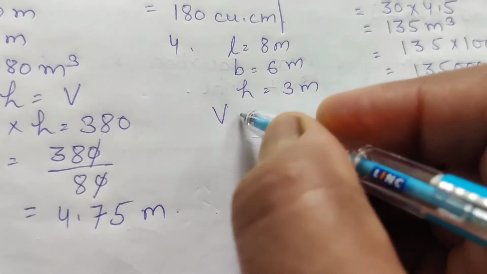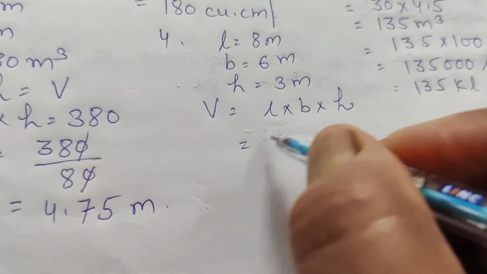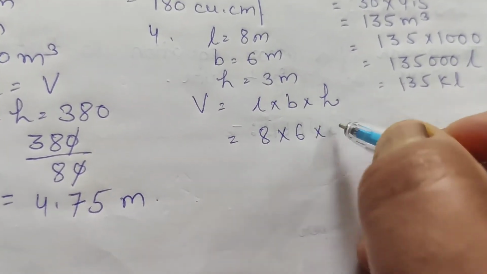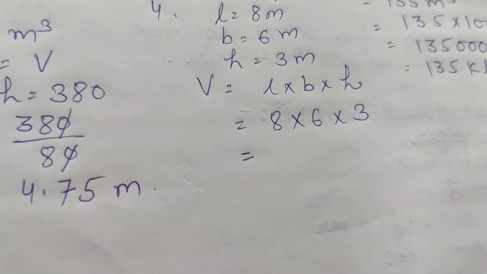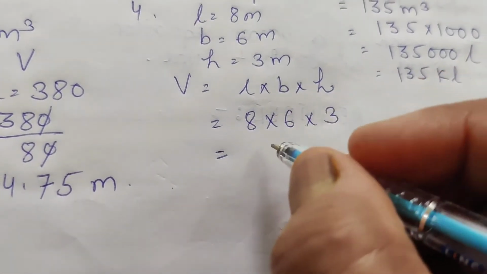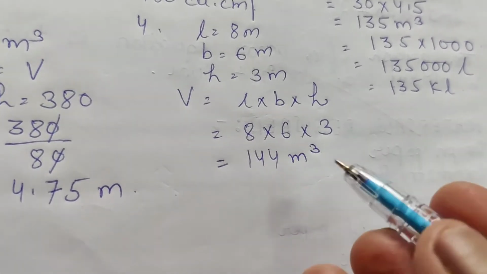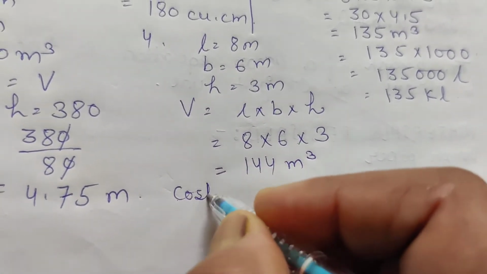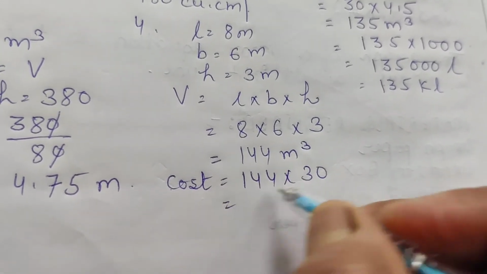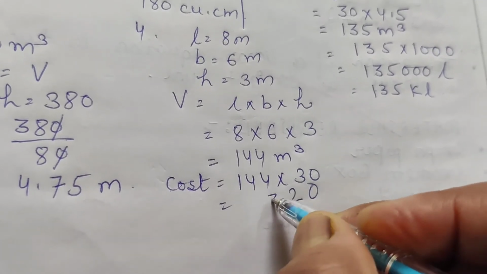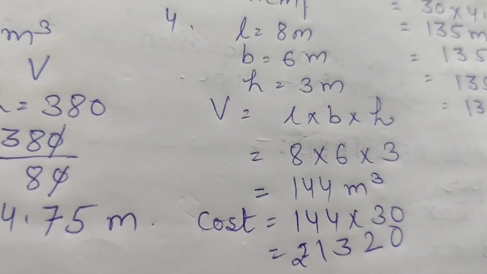First we find the volume, L into B into H. 8 into 6 into 3 is 144 meter cube. The cost is rupees 30 per meter cube. It means cost of digging the pit is 144 into 30, which is 4320 rupees. This is the answer of question number 4.